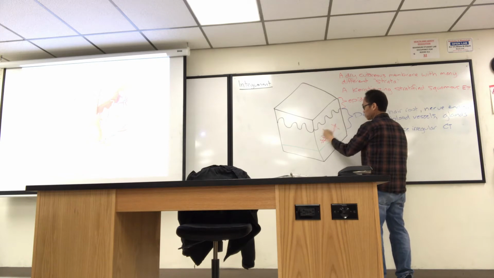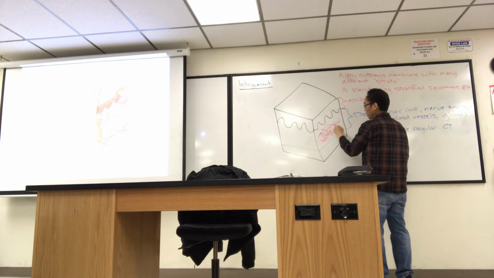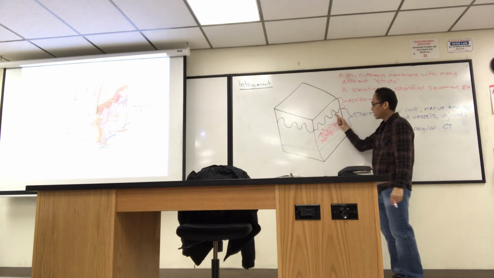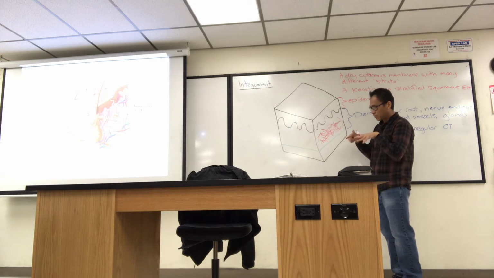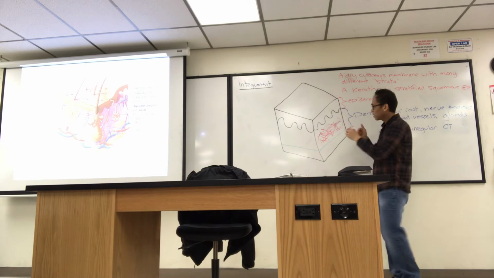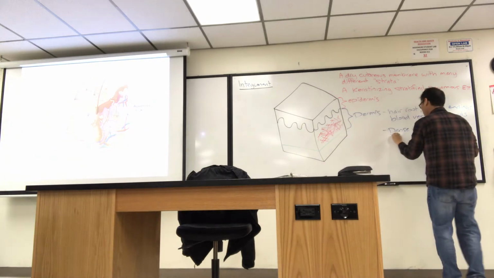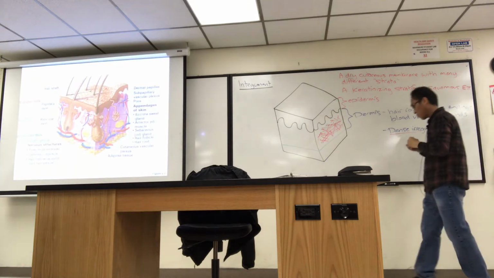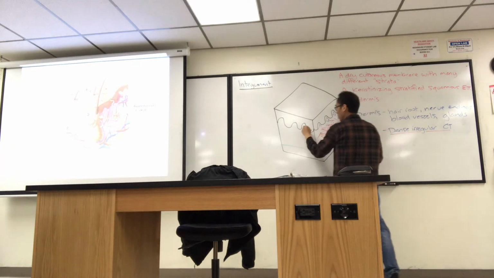I'm just going to draw it like ground beef. When you get to the top of the dermis, it has that nipply appearance, and it changes from a dense to more of a loose CT. So where I drew it red, that's the dense irregular. But let me change colors. How about I switch to blue? It's more of a loose CT up here, closer to the top.